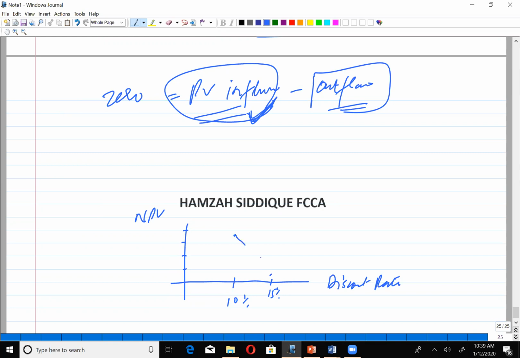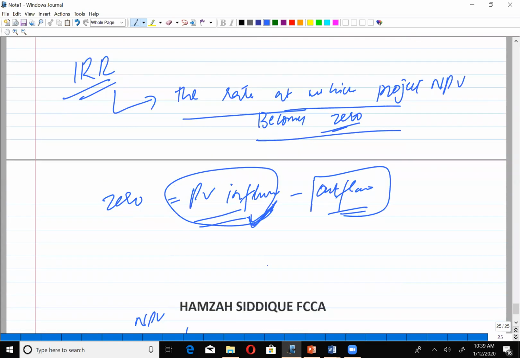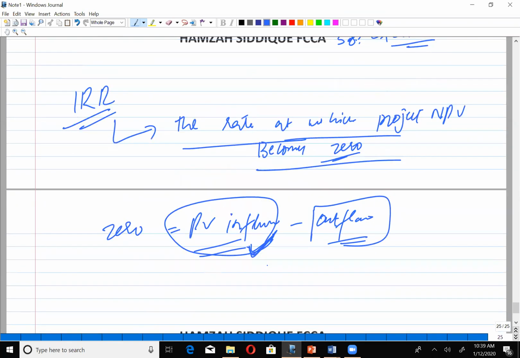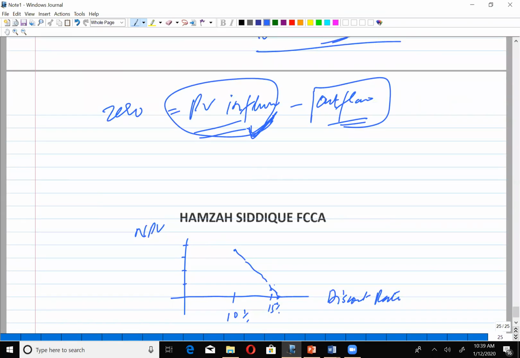If you draw it properly, the line will touch zero at 15.8%. NPV is zero here. This is the IRR, two points.